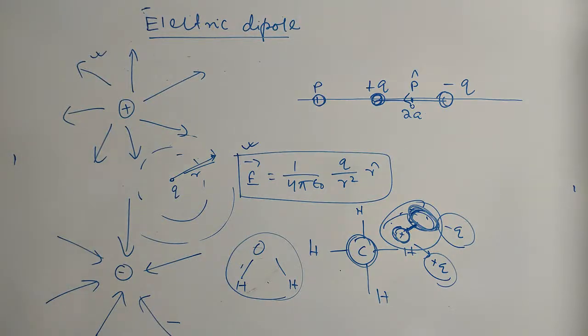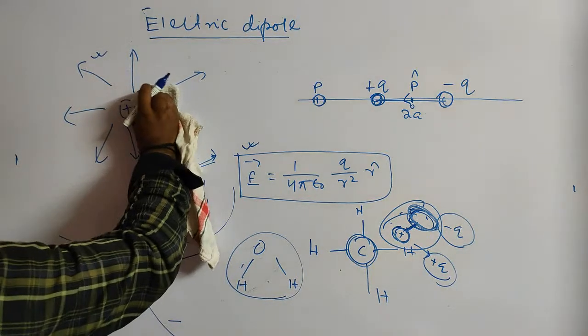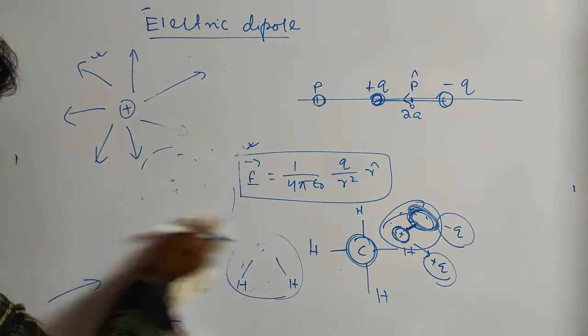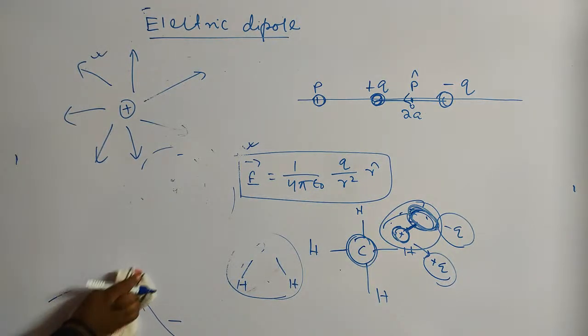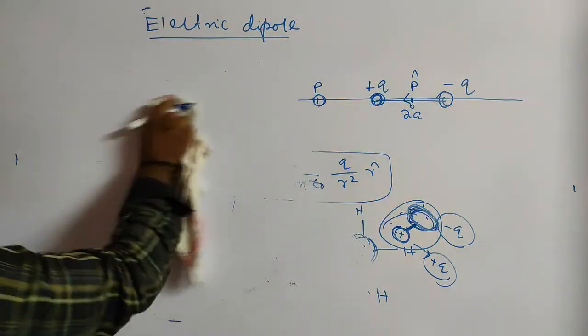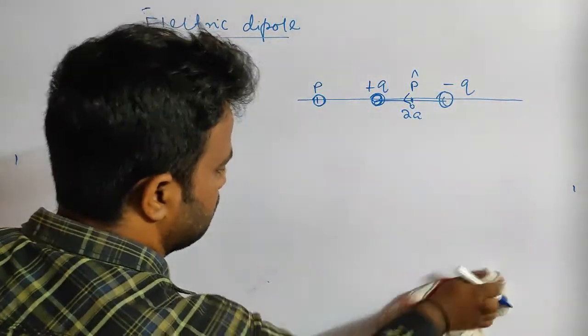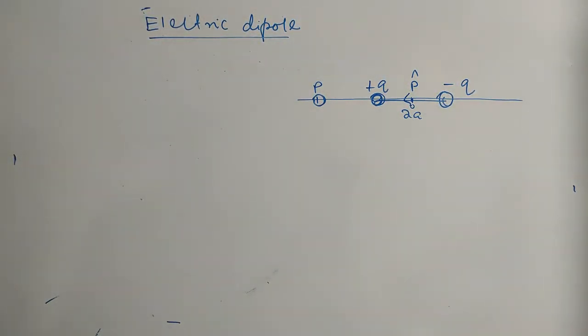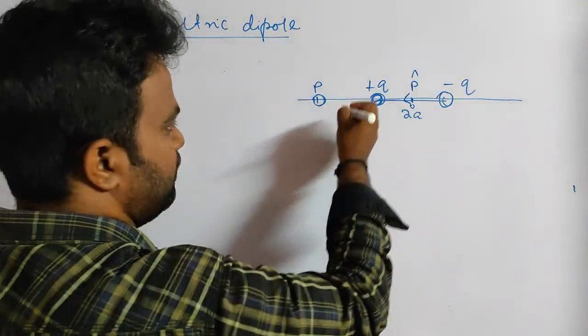So now let us calculate the electric field at point P. The electric field at point P will be the sum of two electric fields.